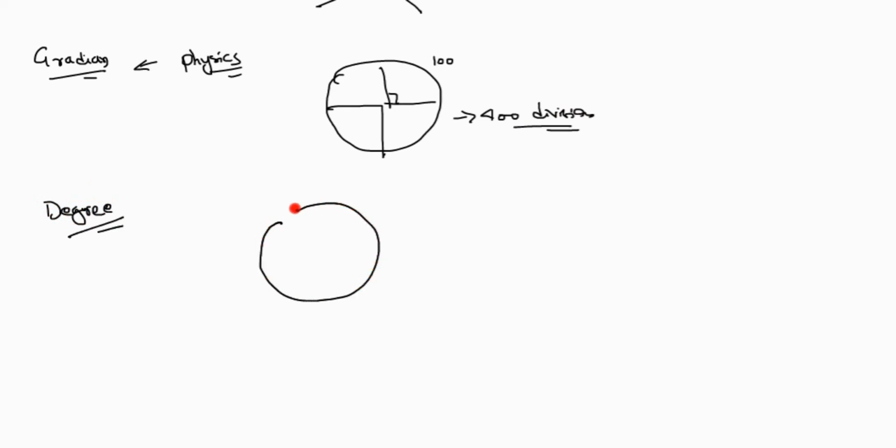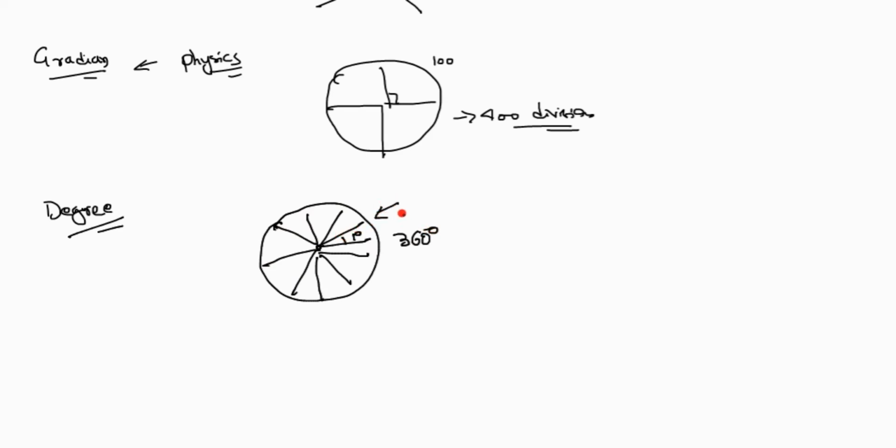Similarly, one complete circle is divided into many divisions, and that total is 360 divisions, and each division is 1 degree.